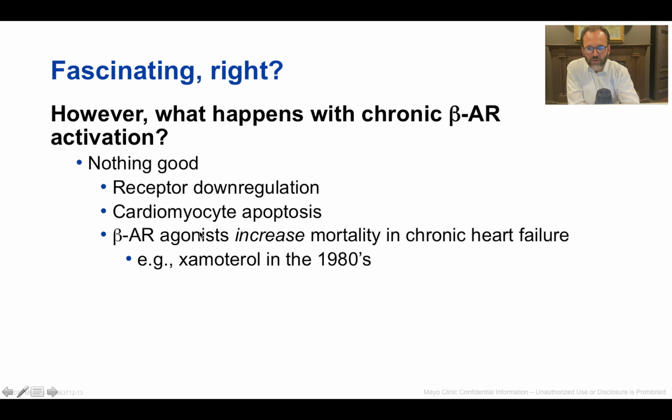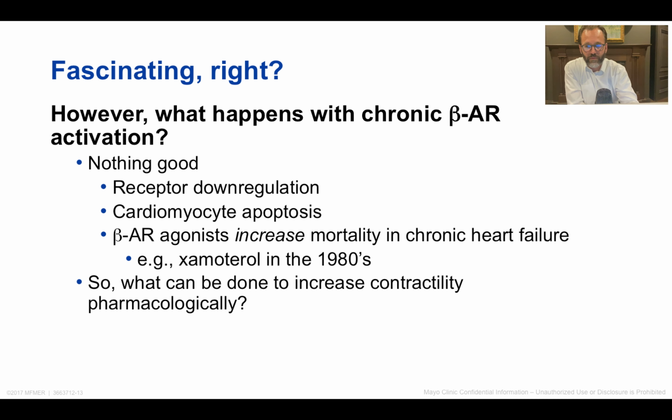A drug called xamoterol was tested in the 1980s as an agonist. It seemed like a very intuitive thing to do: let's increase contractility and we'll improve outcomes in patients with heart failure via stimulation of the beta-adrenergic receptor. Mortality was increased in these patients.